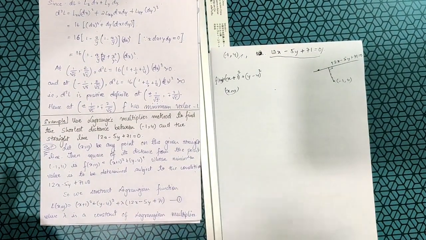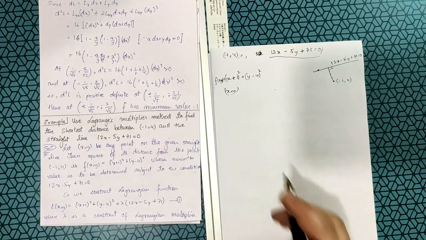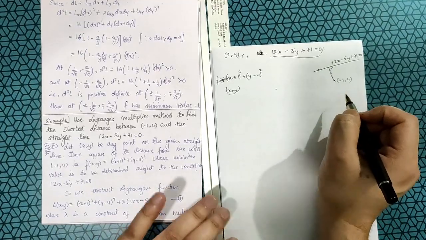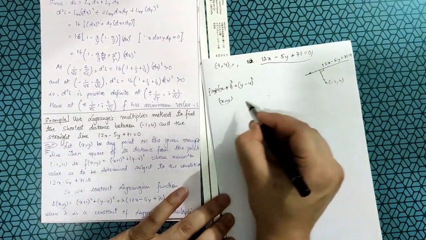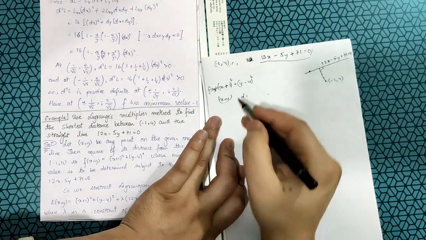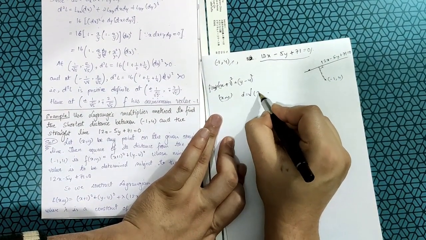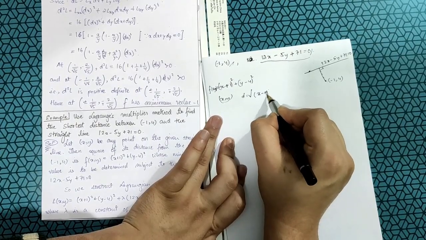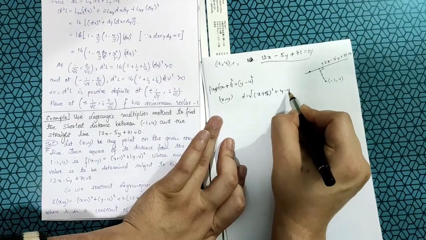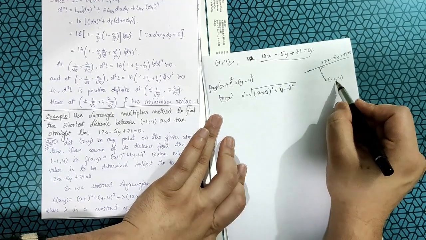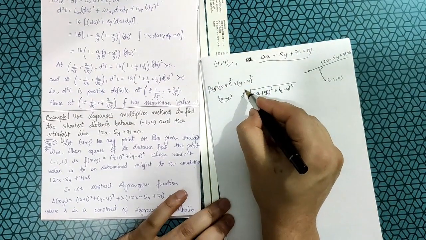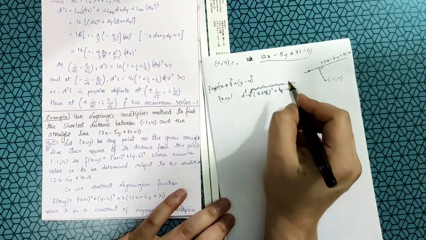So the distance between this point and the given point will be given by, let us denote it by d, root over x plus 1 whole square plus y minus 4 whole square, right? So this is the distance. So the square of the distance can be written like this.